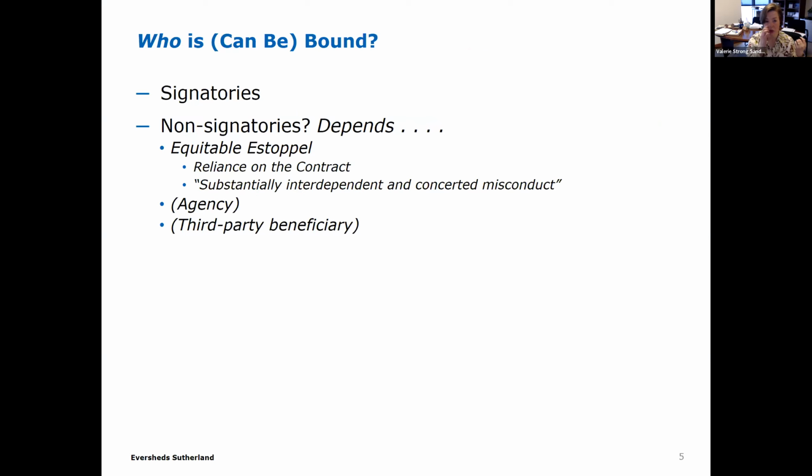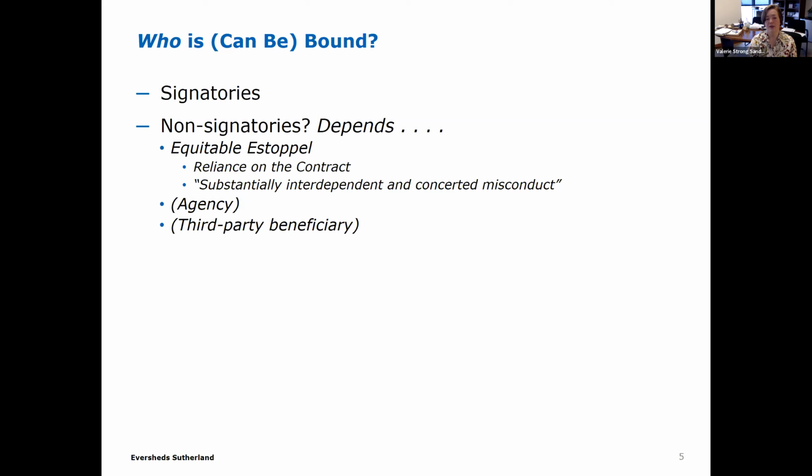So signatories are pretty obvious, right? If you or your client signs an arbitration agreement or accepts an agreement by conduct, sometimes, particularly in the employment or consumer sphere, it may be a question of, by accepting this offer of employment, you agree, or by clicking here, you agree. And so think about electronic signatures and acceptance by conduct as well.